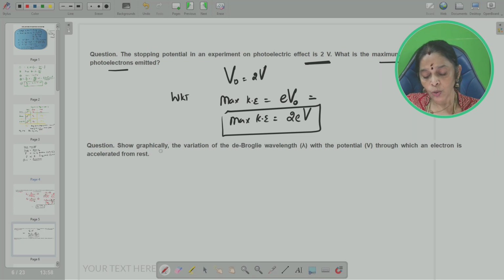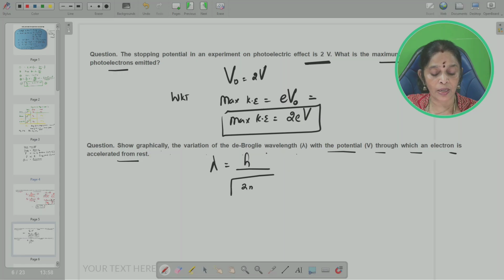Question: show graphically the variation of de Broglie wavelength with potential V through which an electron is accelerated from rest. De Broglie wavelength is equal to h by root of 2m eV.